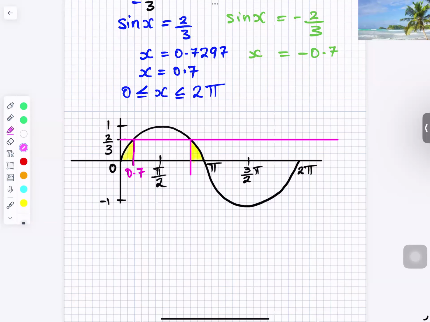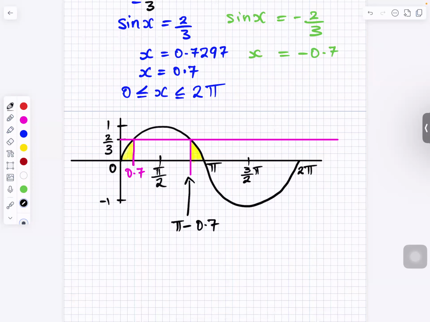So how do we get this next number here? If this is pi there, then pi minus 0.7. Does that make sense? Yes, sir. Because of the area. So what's pi minus 0.7 if you use that in your calculator? 2.441. So to one decimal place is 2.4. So that's one of the answers.